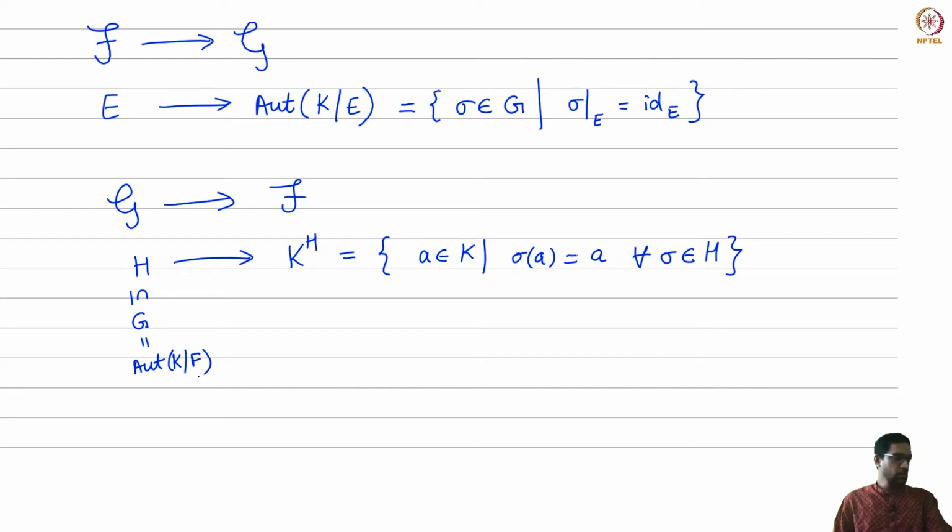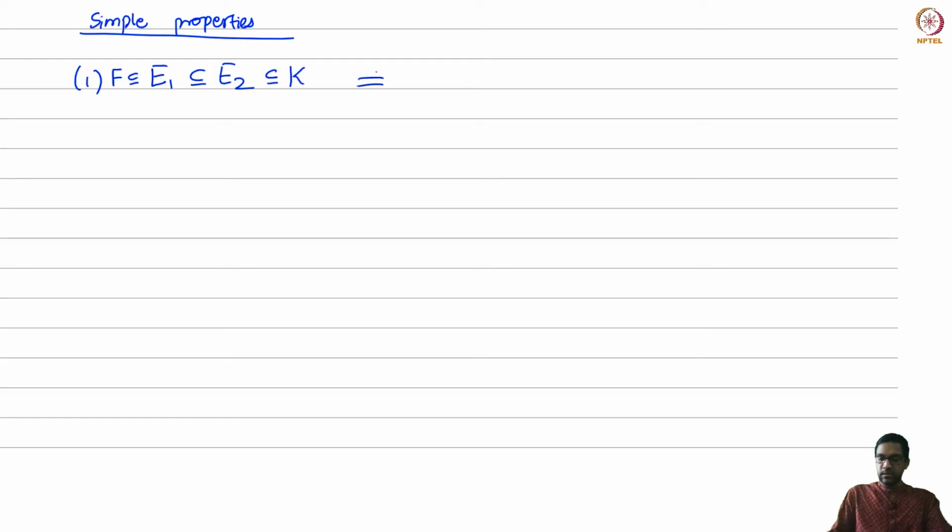Okay, so these are maps in both directions, and here are some simple, obvious properties. The first is that these maps are inclusion reversing. In other words, if I have two fields E1, E2, such that E1 is contained in E2, and both contain F and are contained in K, then consider the group that you associate to E1 versus the group that you associate to E2.